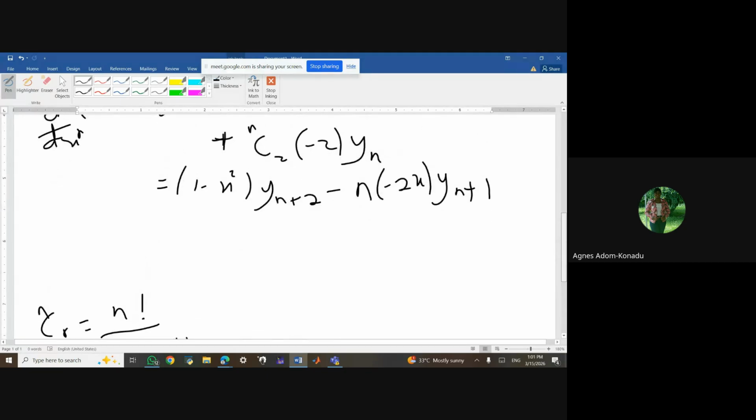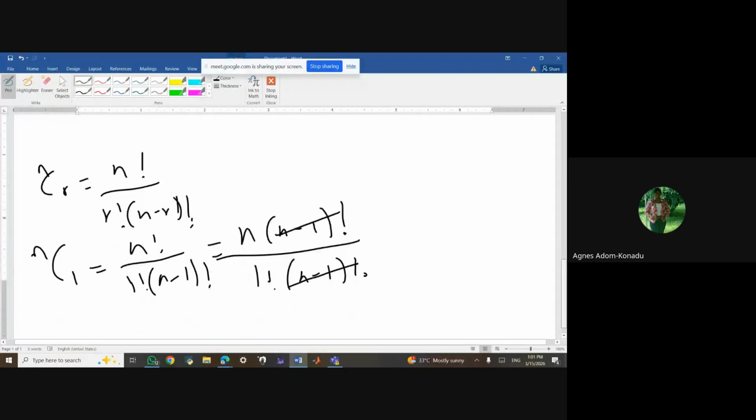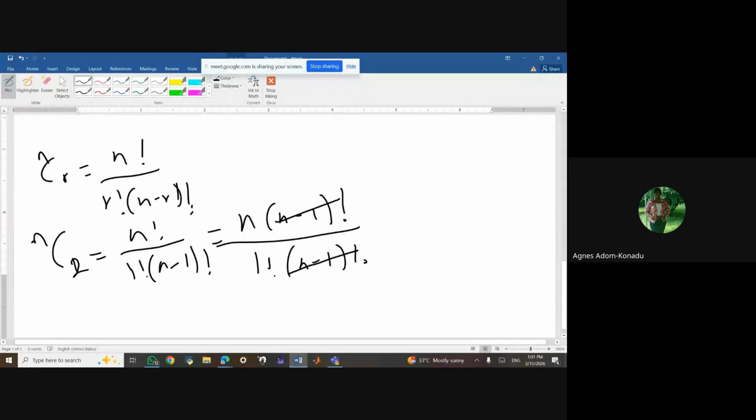Then I go to n combination 2. So n combination 2 is n factorial divided by 2 factorial times (n - 2) factorial. This is the same as n times (n - 1) times (n - 2) factorial, over 2 factorial times (n - 2) factorial.